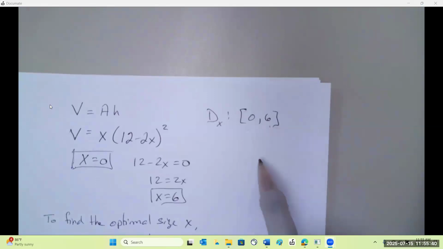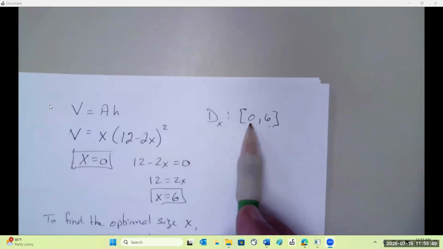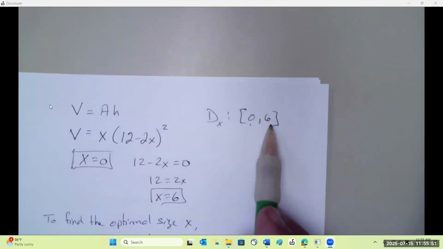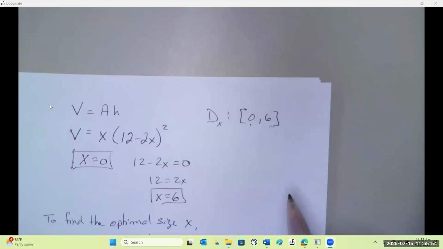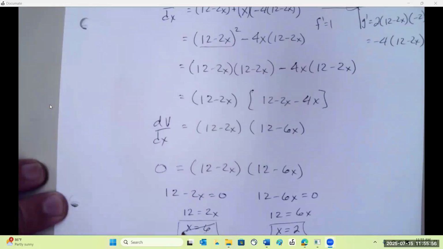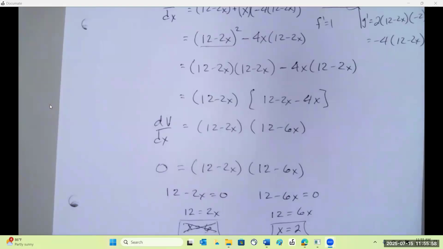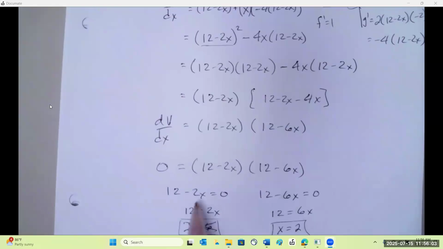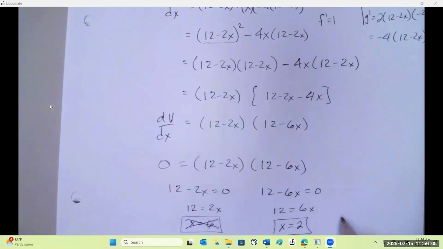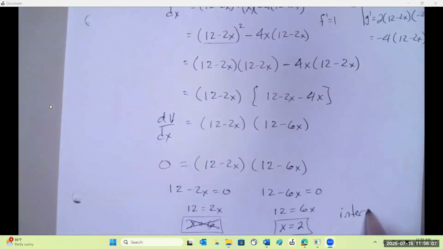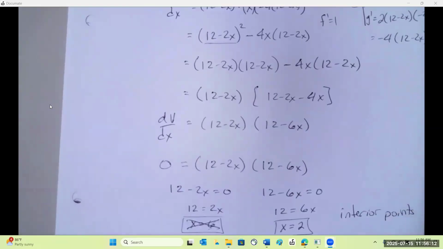Remember, whenever you check the optimal values for extrema, you have to check 3 points: A, B, and wherever you get the interior point. X equals 6 is already a boundary point, so we can't use that. What we're looking for here with this equation, we're looking for interior points.